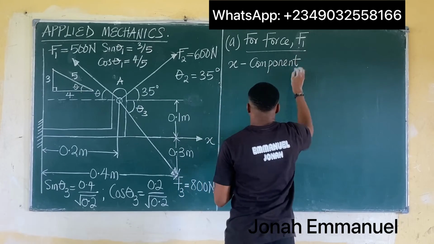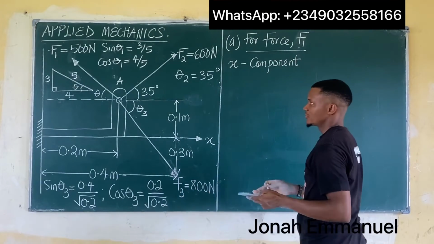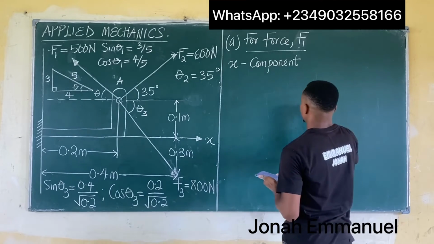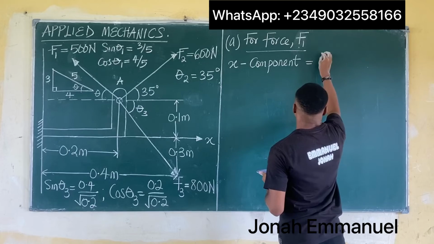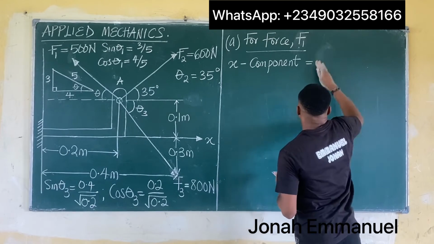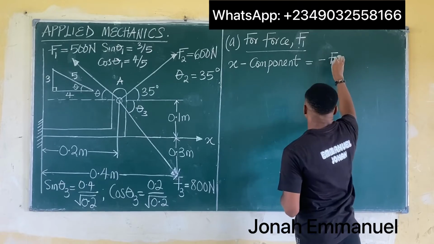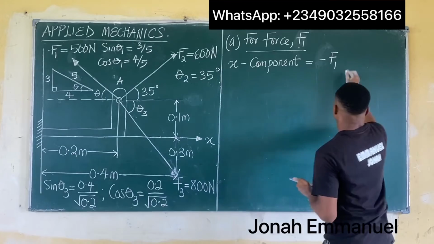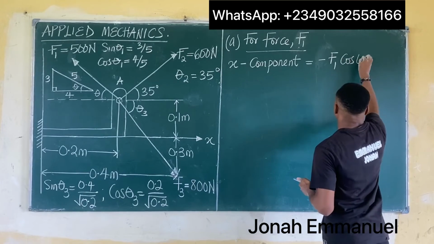The x component, same as the horizontal component, right? The x component is equal to F1, we said it's negative, so it becomes minus F1 cos theta 1.